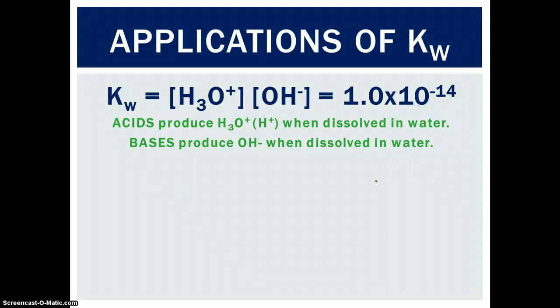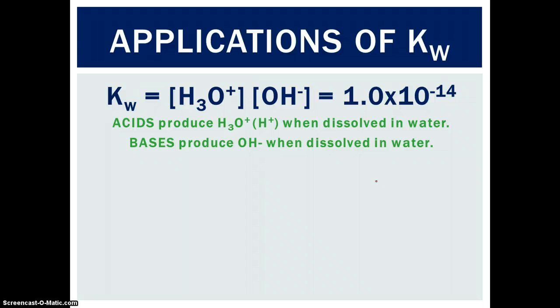This KW is the ratio of the products, the ions, to the reactants. This ratio is always going to be the same for water. So we can use this, if we know one concentration, to calculate the other, and we can also use that information to decide whether the solution is an acid or a base.